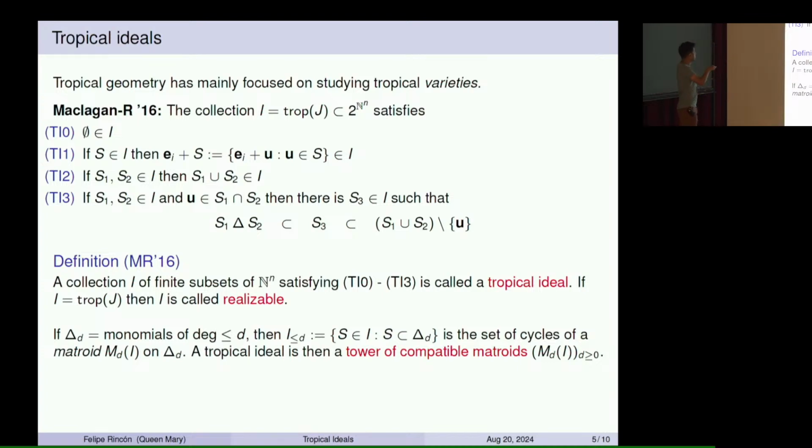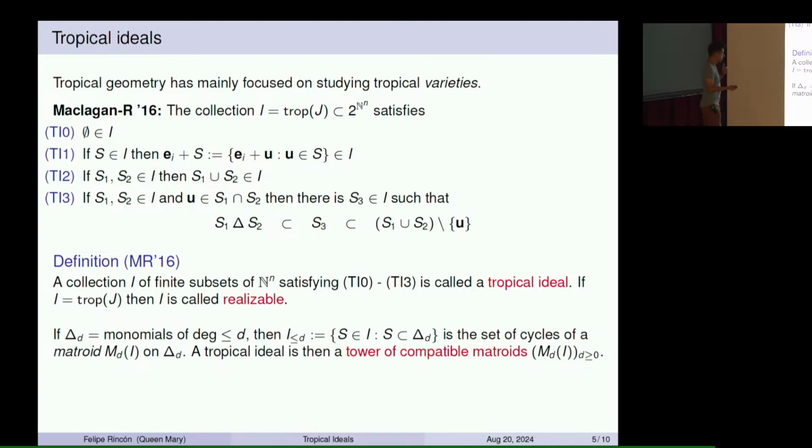The empty set is there, unions of circuits are closed under union, and unions of circuits satisfy this sort of elimination-looking axiom for cycles, which is, like, 0, 2, and 3 are exactly characterizing cycles in a matroid, okay? If you look up in one of these books the cryptomorphisms in terms of cycles, you'll see 0, 2, and 3. And so basically this is just saying the collection of subsets is a matroid, except that there is this kind of compatibility or invariance under translation, right?